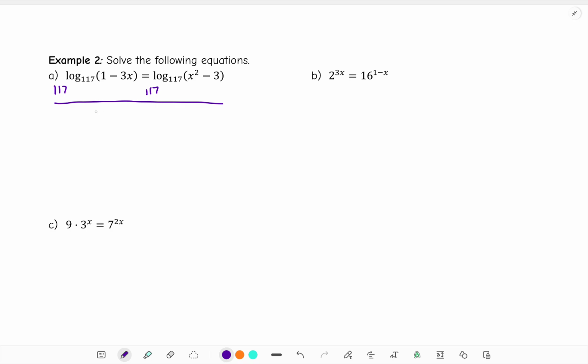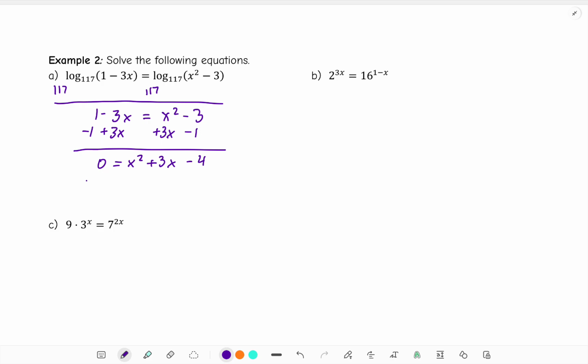It cancels out the logs on both sides, so we get 1 minus 3x equals x squared minus 3. Now we have a quadratic equation. So to solve a quadratic equation, you want to get all the terms on the same side. So we get 0 equals x squared plus 3x minus 4.